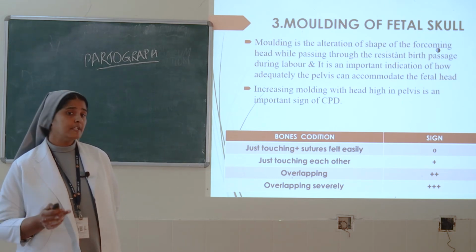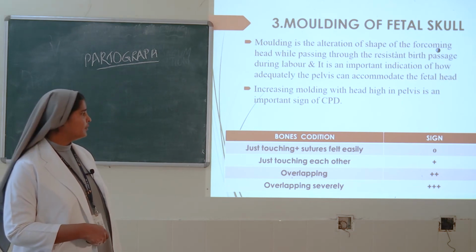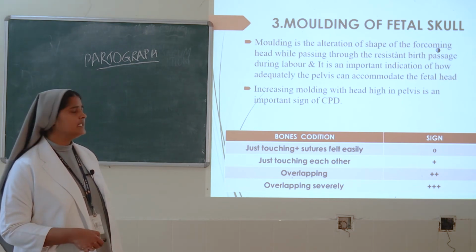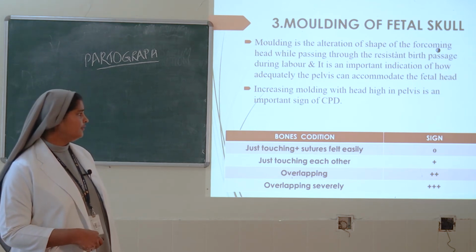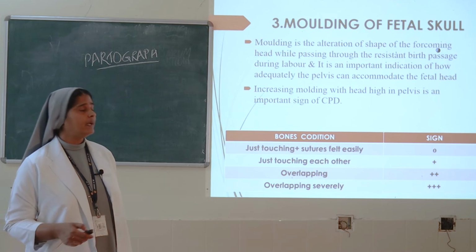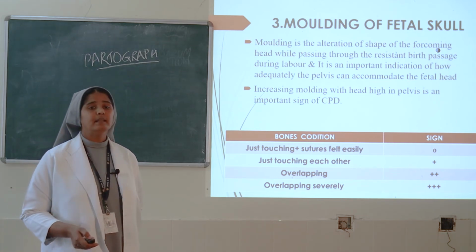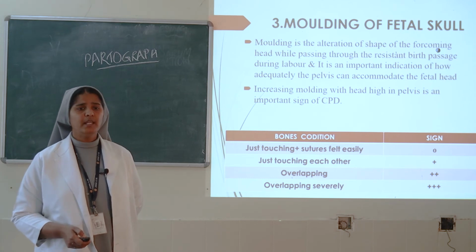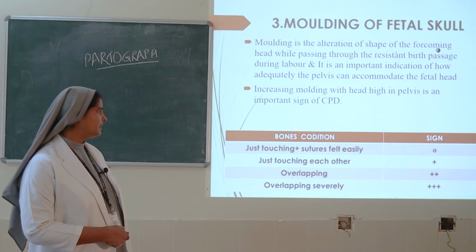When we do the per vaginal examination, then we can write it as 0. When both parietal bones are touching each other, that is plus, that is moulding has taken place. If there is overlapping of both parietal bones, that is 2 plus, and if there is severe overlapping, that is 3 plus. Usually severe overlap should not be there.